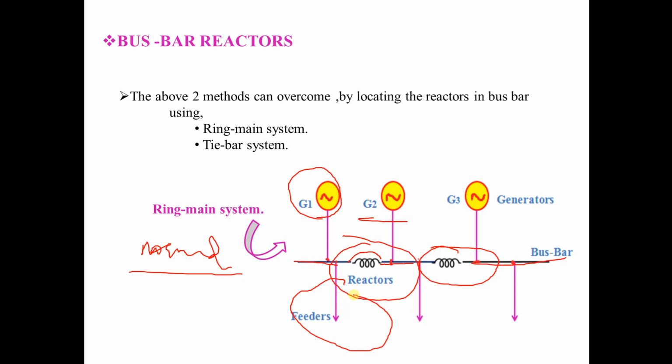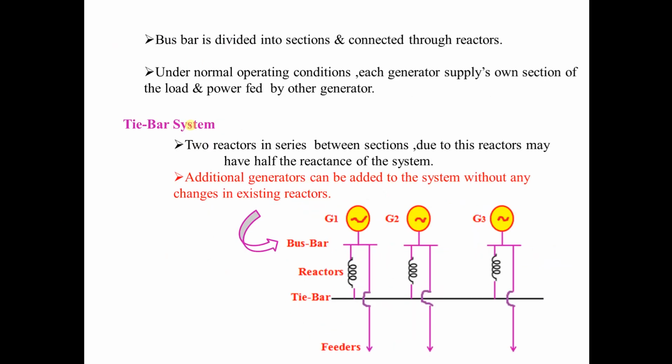And also the bus bar section is affected along with the feeder which is connected, so the other sections are able to continue their normal operation. So if any fault or other damage is there, the particular feeder will be removed, the other processes will be in normal operation, and the other generators and other processes will be continued. And the next one is the tie bar system.